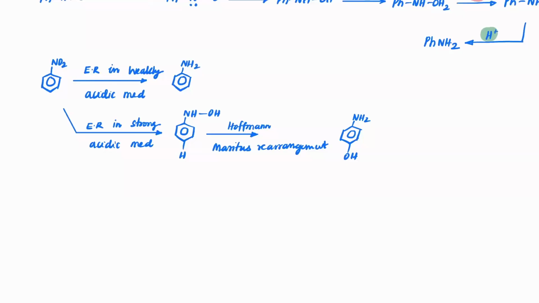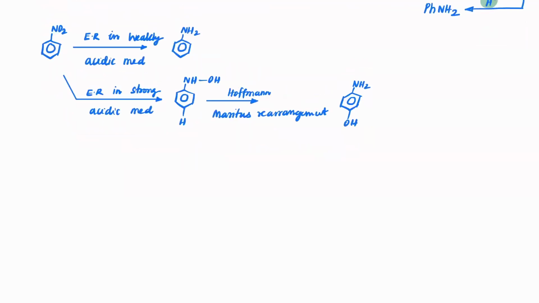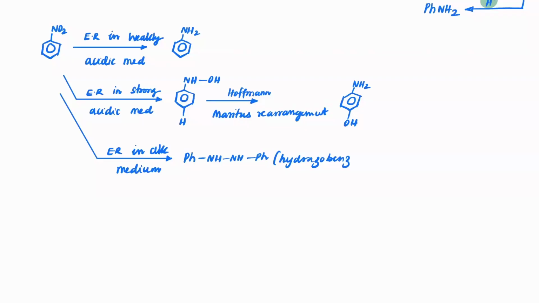Suppose you have the reaction happening in alkaline medium. What is happening in alkaline medium? We might end up getting this hydrazo, that is NH, NH, with Ph. What is this one? Hydrazobenzene. Got it?